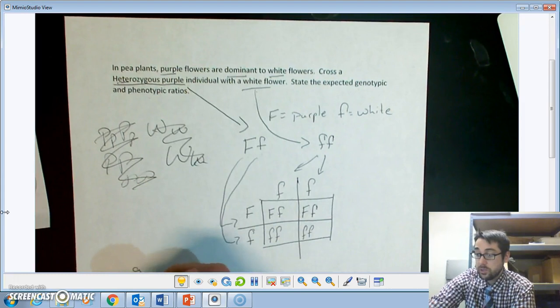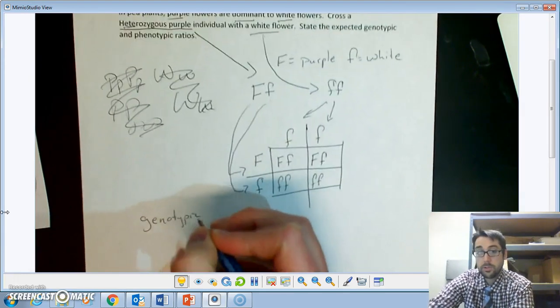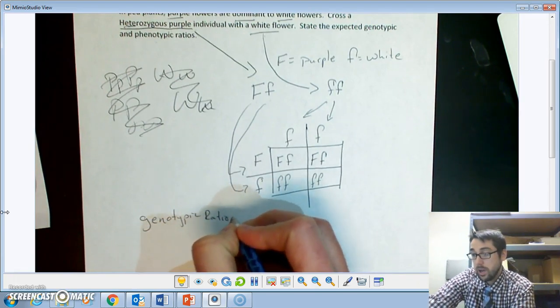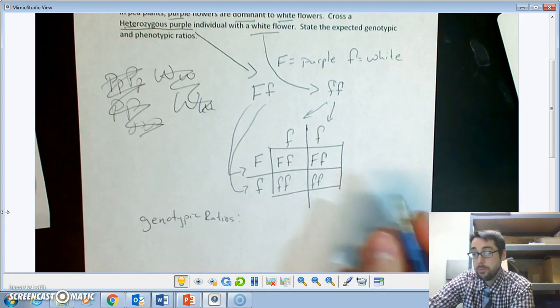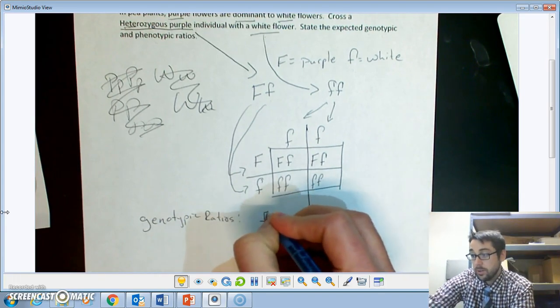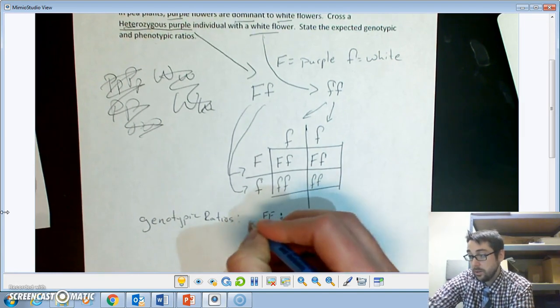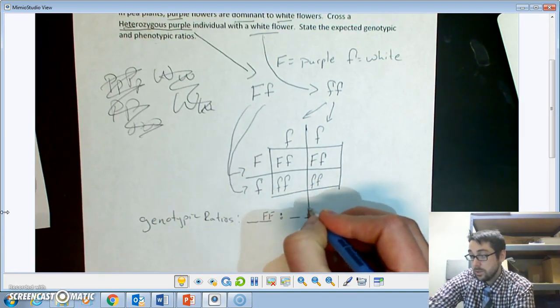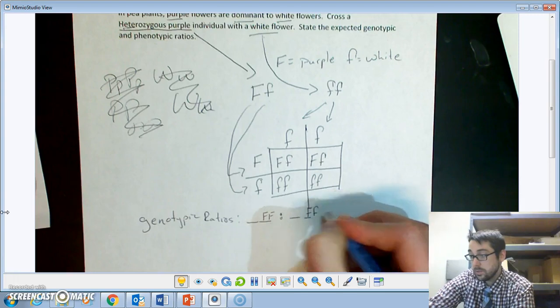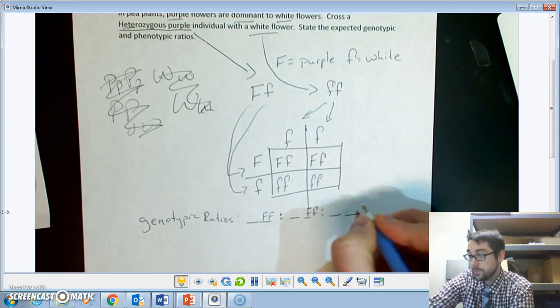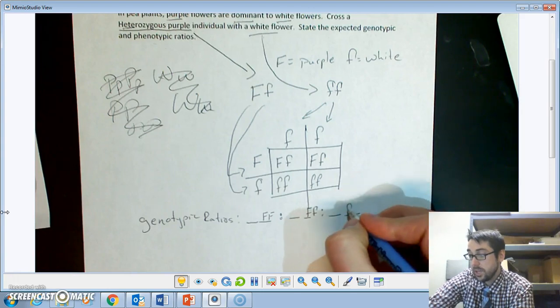So to do genotypic ratios, I'm looking for how many homozygous dominant to how many heterozygous to how many recessive.